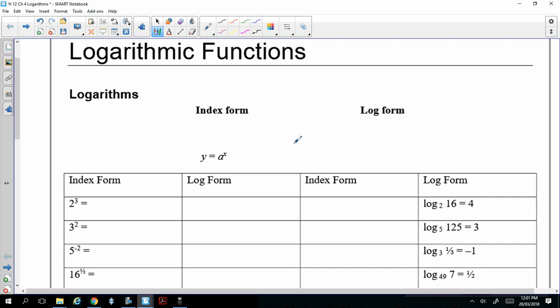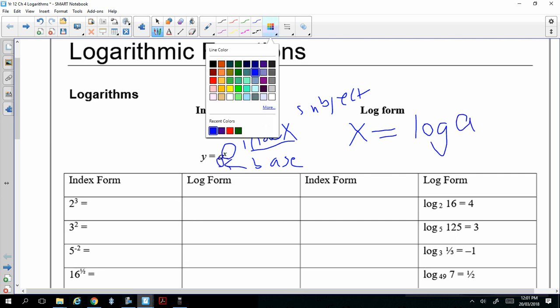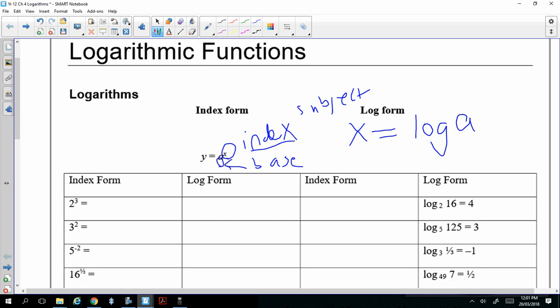So in index form, this is the index and this is the base. When you write it in log form, we make the index the subject. So you write x equal to log y, with the base a.